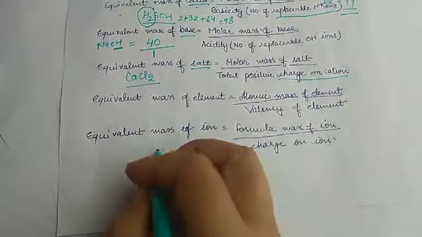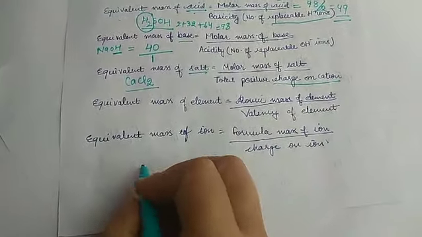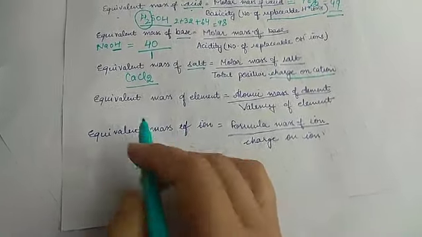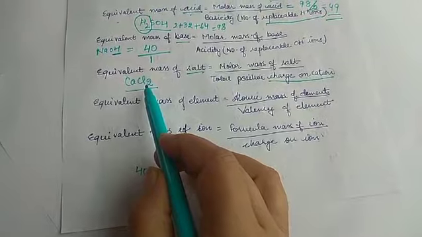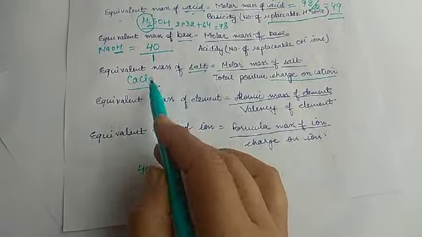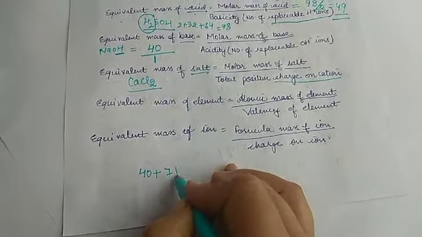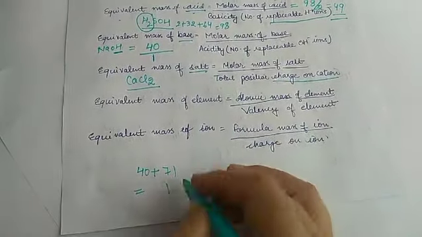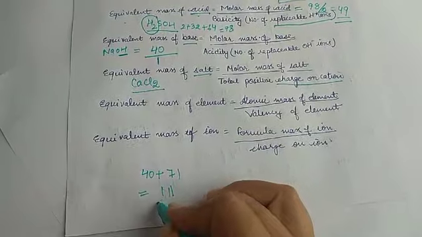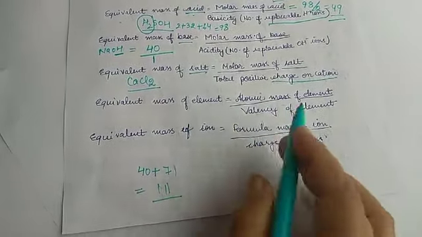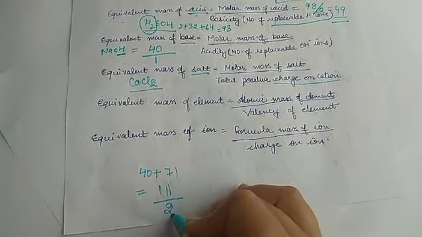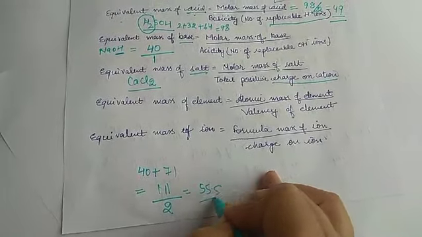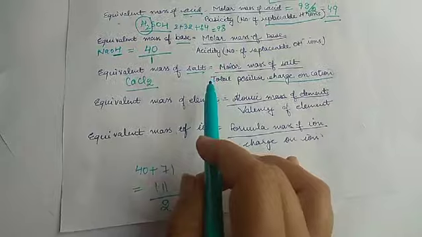So first calculate the molar mass of the salt. Calcium is 40 plus chlorine is 35.5, so 2 into 35.5 is 71. So 40 plus 71 is 111. This is the molar mass of the salt, divided by the total positive charge, which means it is divided by 2. So the result will be 55.5. It will be the equivalent mass of the salt.